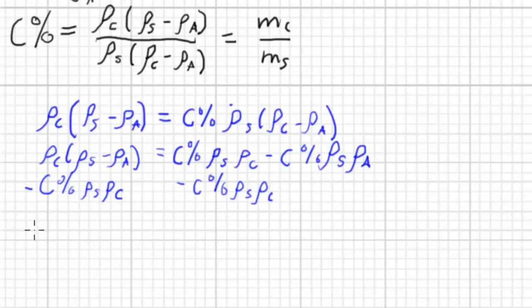And we have density of C times this stuff minus the crystallinity percent times the density of the sample times the density of the crystalline form.